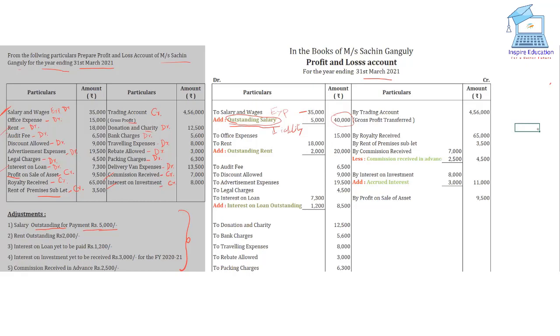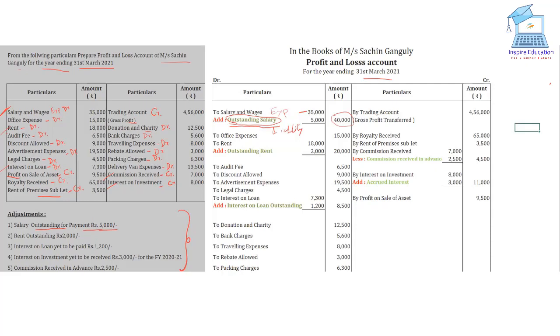Here it is written like this. You will first note down the existing expenses and then you will add the outstanding amount, and in total you will add these amounts and then you will simply post in the profit and loss account.